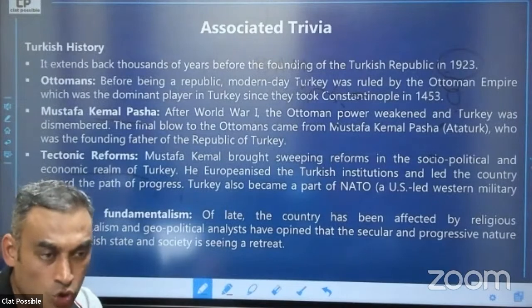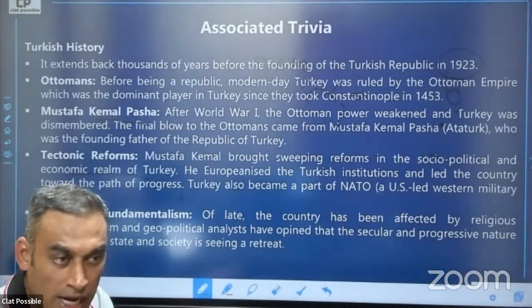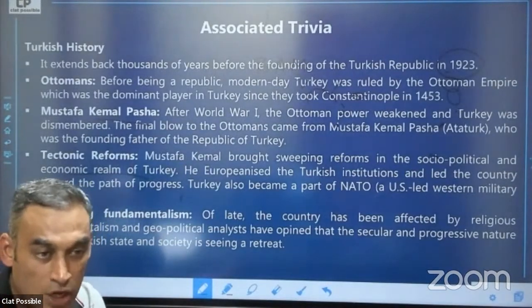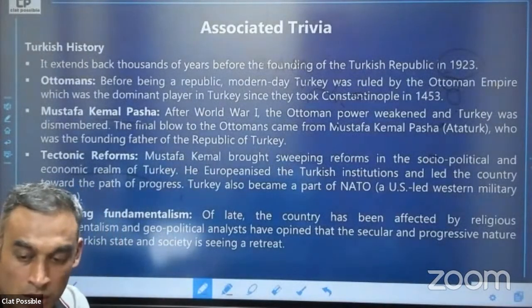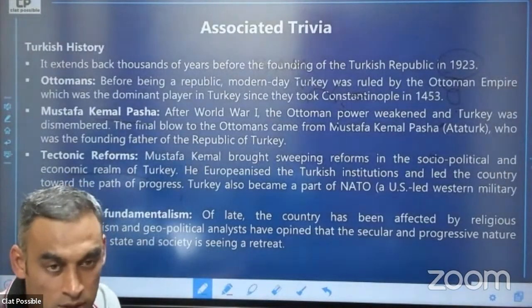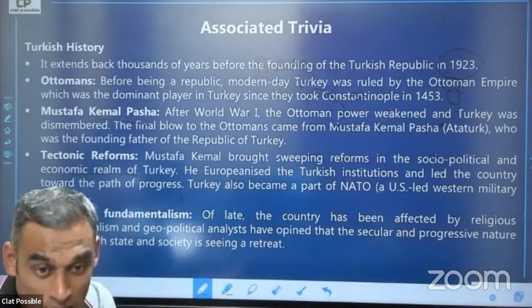One, we should know about Operation Dost. Second, we should know about NDRF. Third, Turkey is part of the Anatolian plate. Fourth, the epicenter of the earthquake was Gaziantep, right?